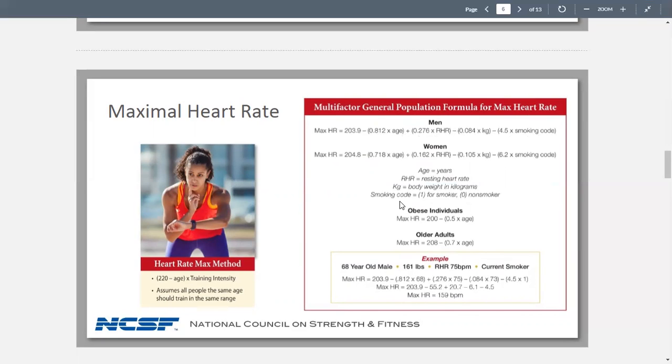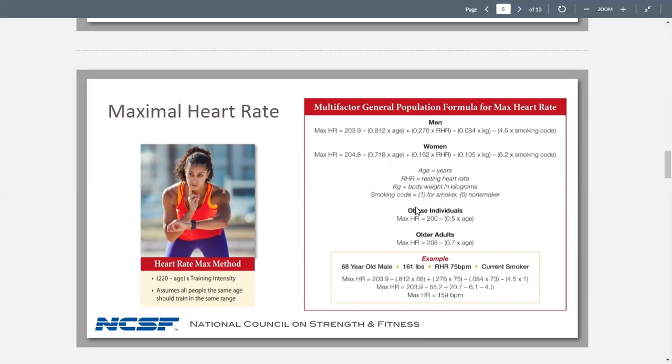The smoking code is 1 for smokers and 0 for non-smokers. That would be a different way you could find max heart rate for individuals that smoke.